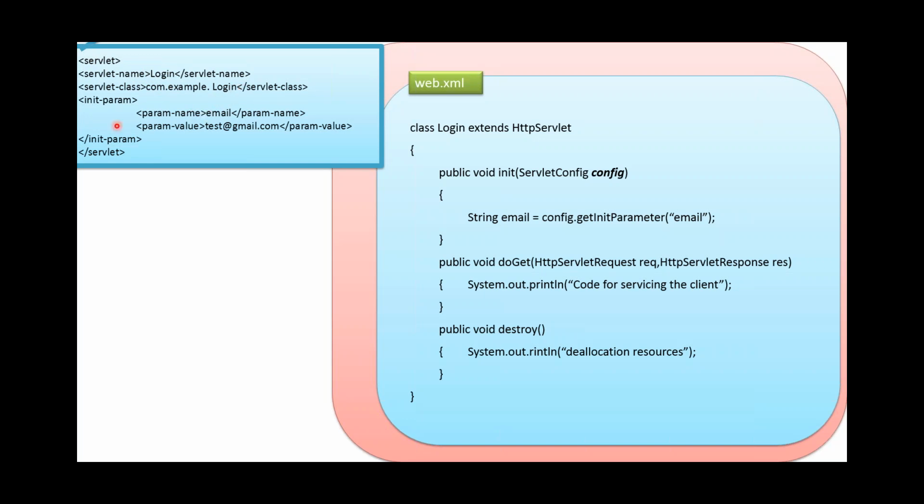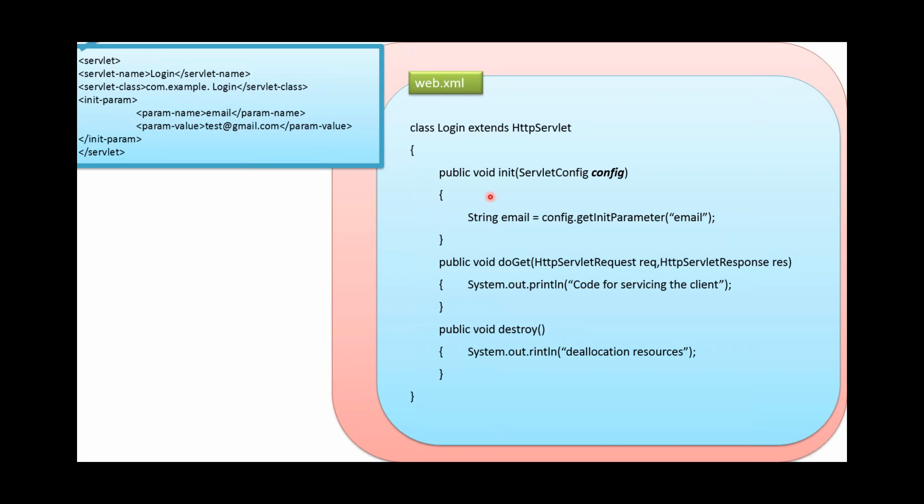Now if you observe over here, you have got something called init parameter, the initialization parameter. That is, whenever we are starting the servlet, I want this information to be ready before it starts servicing the request.